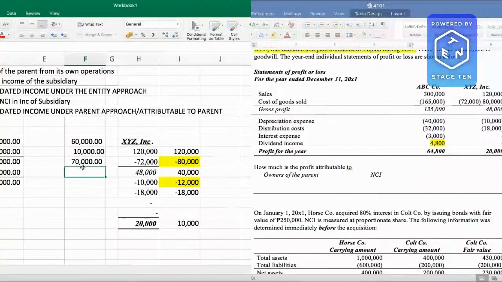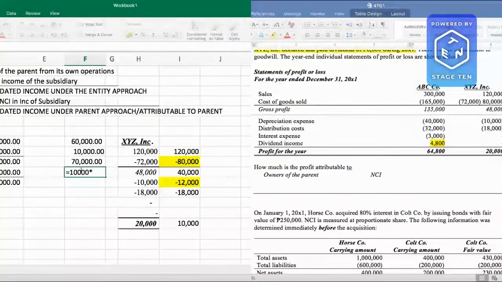Okay. Next, if you want to solve for the consolidated income attributable to the parent only, you have to deduct the share of the NCI in the income of the subsidiary. Okay, how much is the income of the subsidiary? 10,000. Adjusted income, again, always adjusted income. Then, how much is the non-controlling interest?